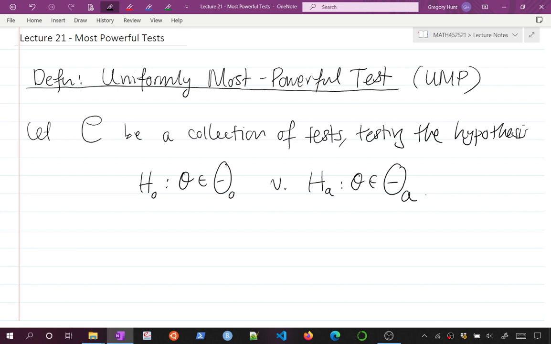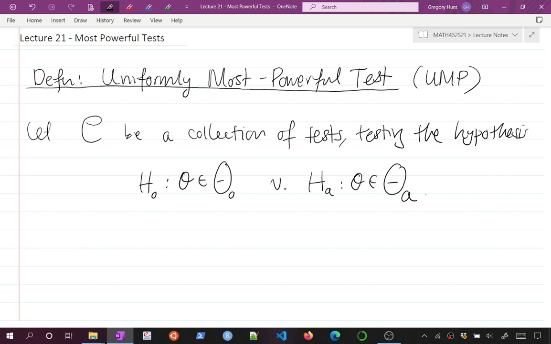There are many different ways I could construct tests. We looked at one of them, which is a likelihood ratio. But the definition of a hypothesis test is basically just the definition of a rejection region for this test. And there are many ways I could form that rejection region. And there may be other procedures I could develop for testing this hypothesis.